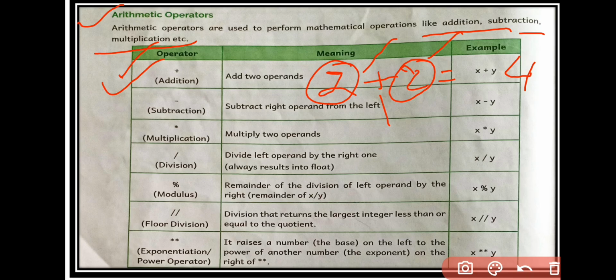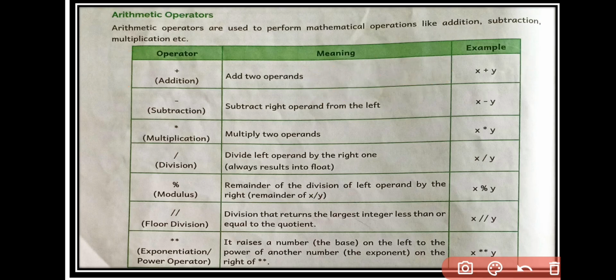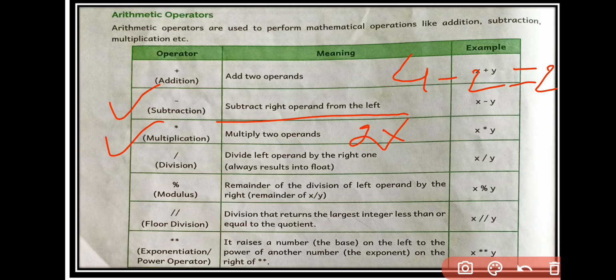Next, subtraction means subtracting the right operand from the left operand. The minus sign means subtraction, like 4 minus 2 equals 2. Third, multiplication multiplies two operands.